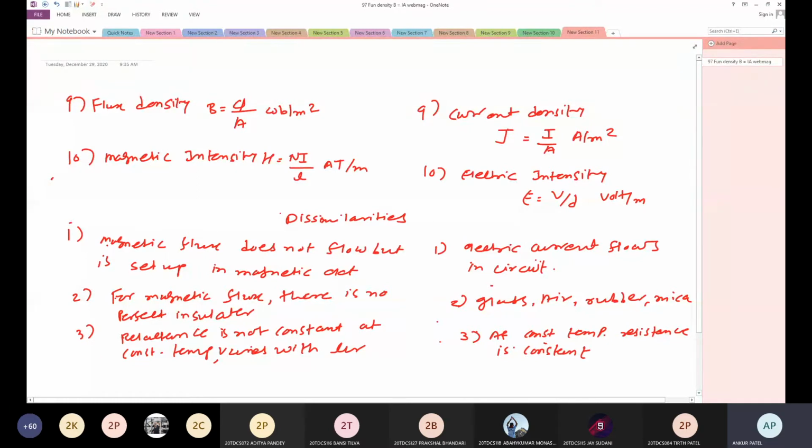And fourth point in dissimilarities, once magnetic flux is set up in magnetic circuit, no energy is needed. So once magnetic flux is established, there is no need of continuous energy supply, once field is established.